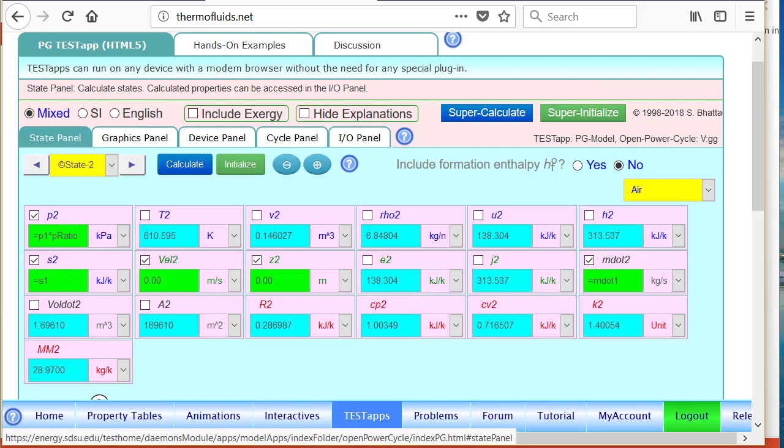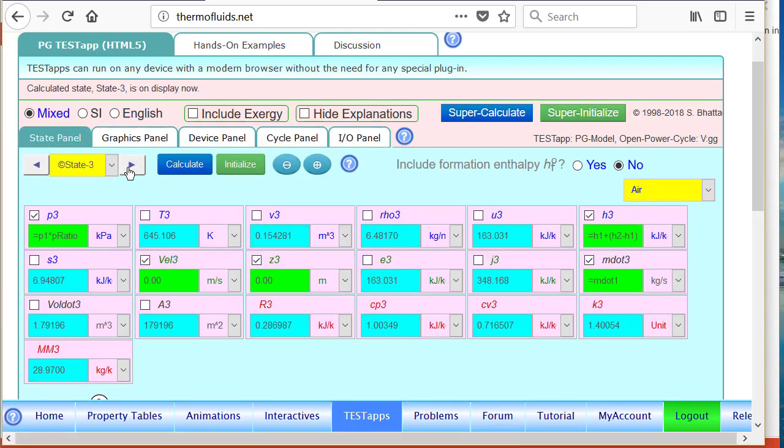So state 3, recall, is the actual compressor exit state. Again, for that, the pressure is the same as P2, or P1 times P ratio. And enthalpy, in this case, is found from the efficiency definition. So you can see that it's divided by eta C. So H3 is found from the compressor efficiency, and the expression is substituted.